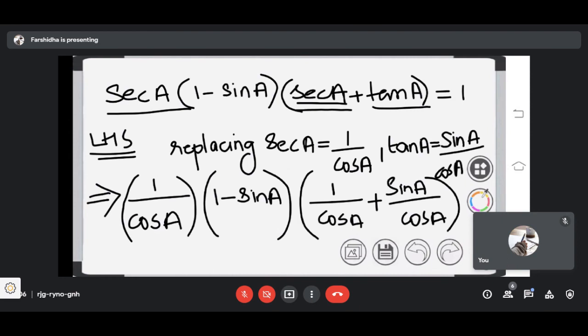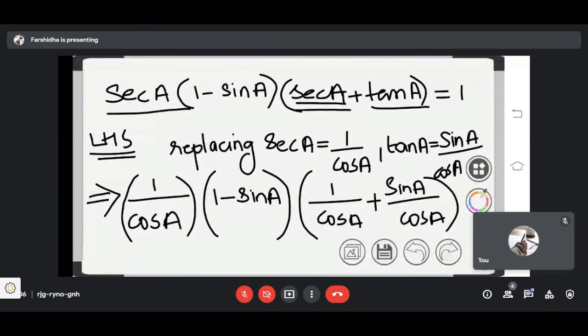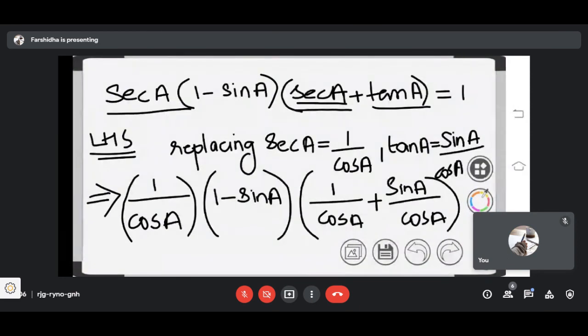So you'll get 1 by cos A into 1 minus sin A into 1 by cos A plus sin A by cos A.